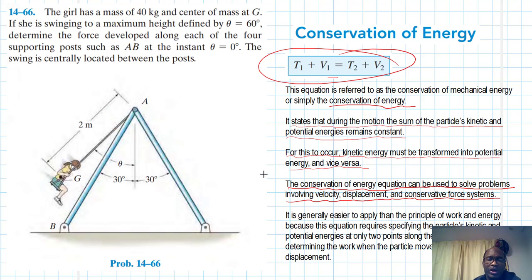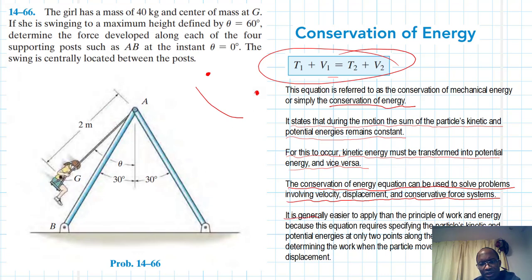Okay, so a conservative force itself is a force that is independent of the path, right? It just depends on the position, the initial position and the final position, right?